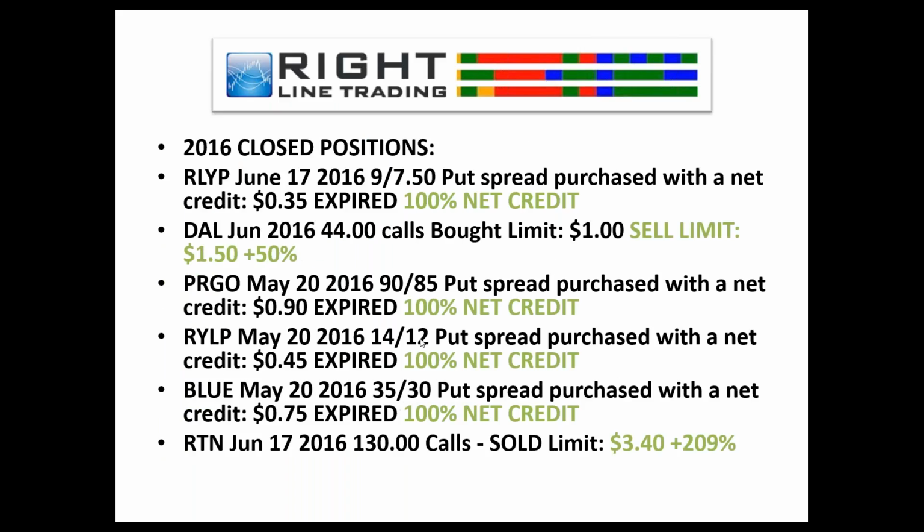And again, when you factor in the fact that on Raytheon you make 209% on just a call, and on Delta we make 50% on just a call, I don't know how to balance those when you have all of these in your portfolio. That's the problem. I just know that I personally take all the positions, and I've made really, really good money. I can't give you an exact amount.